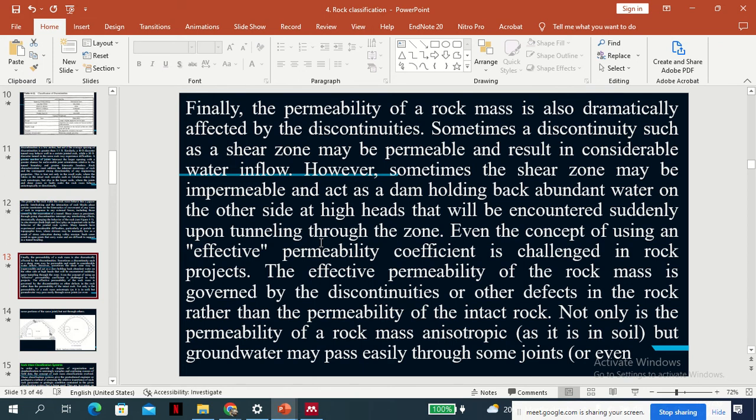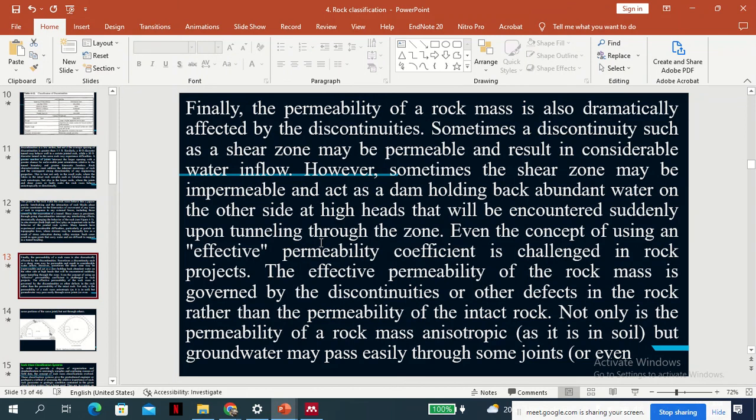So the effective permeability of the rock mass is governed by discontinuities or other defects in the rock rather than the permeability of the intact rock. Permeability is supposed to measure the material rather than the discontinuities, but the rock mass is the material itself, which is somewhat permeable, but it's more influenced by the discontinuities.